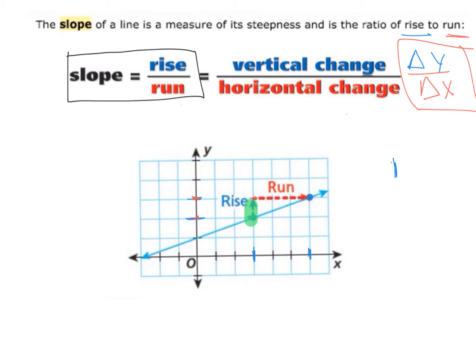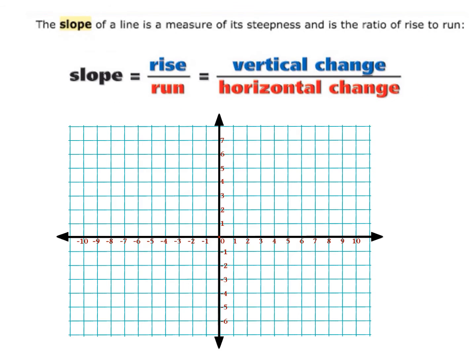Now let's figure out how far over we go to get to our second point over here. We went up 1, and now we went over 1, 2, 3. So we went over 3. So our slope would be 1/3, or 1 over 3. Again, our rise over our run. So let's take a look at an example with numbers.